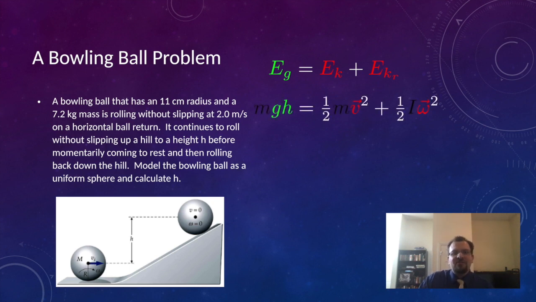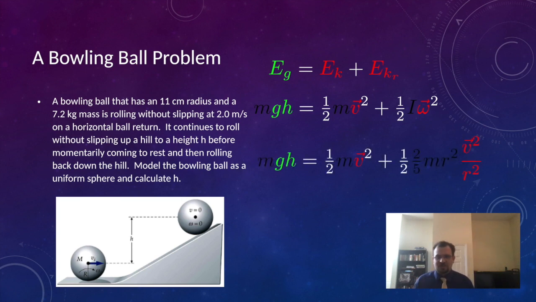We've got our equation for gravitational energy of mgh, and that's going to be equal to 1/2 mv squared, so that's our kinetic energy, plus 1/2 I omega squared, and that's our rotational energy. So let's, similar to what we did on the axe problem, split that moment of inertia and that angular velocity into its components.